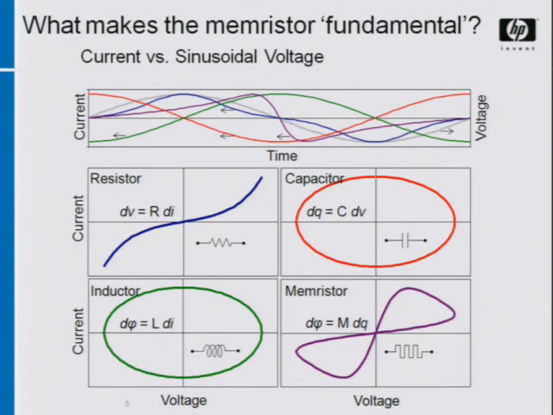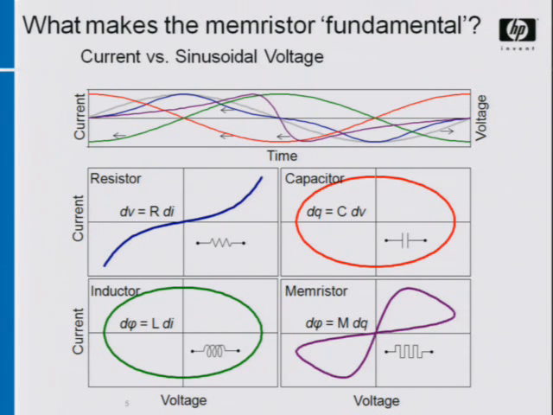So if you look at the current voltage plots for the four central fundamental elements, people are always asking, well, where does the diode fit on this? Well, the diode fits here. Within this concept of nonlinear devices, a diode is nothing other than a nonlinear resistor. So anything that has some sort of a curve that is not hysteretic in the current voltage, that's a resistor.